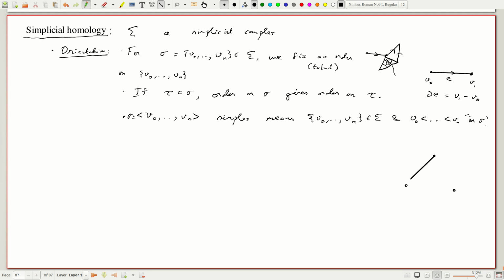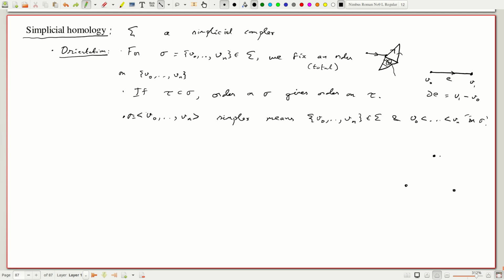So I have a triangle like this. I have a straight line here, a straight line here, and a straight line here.